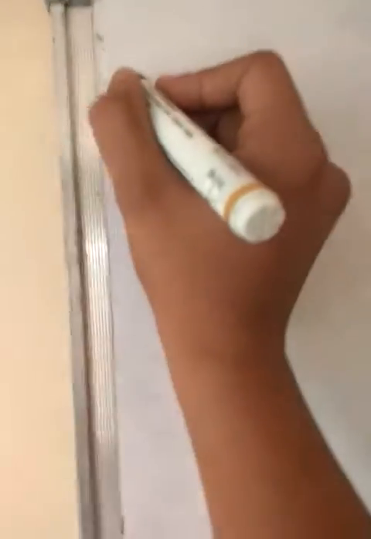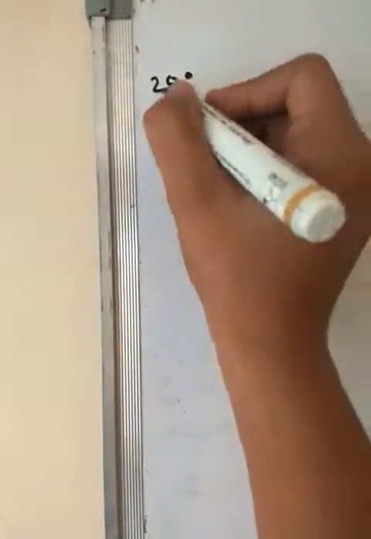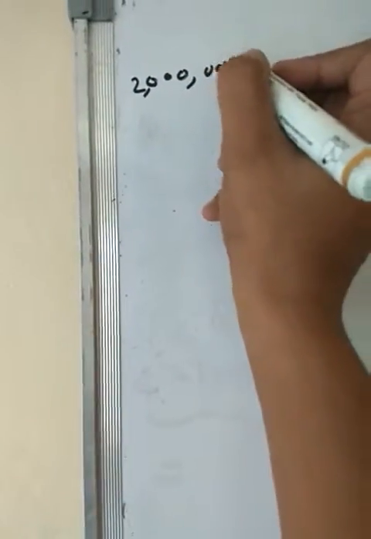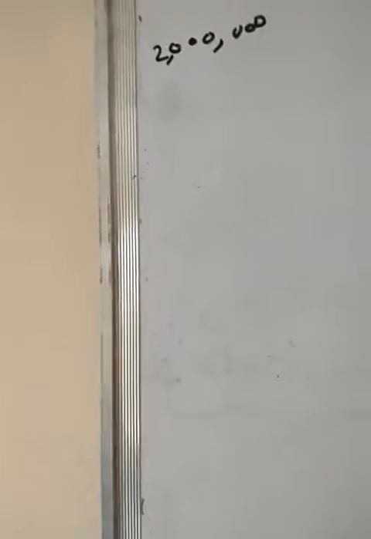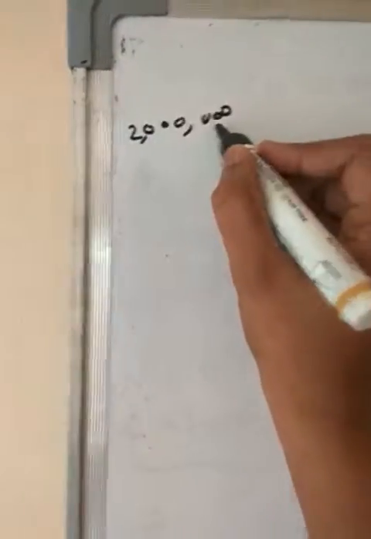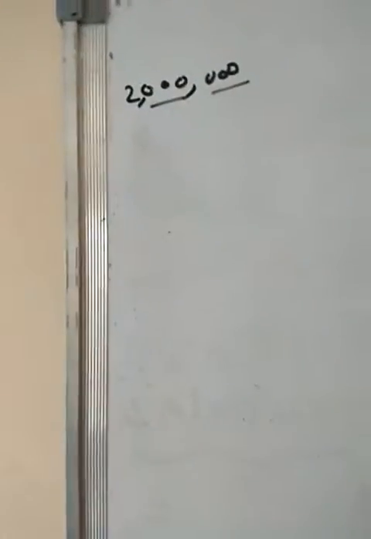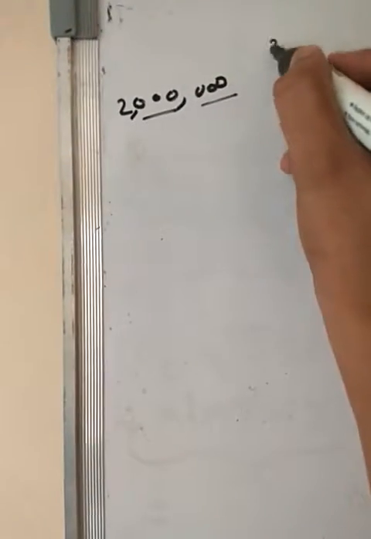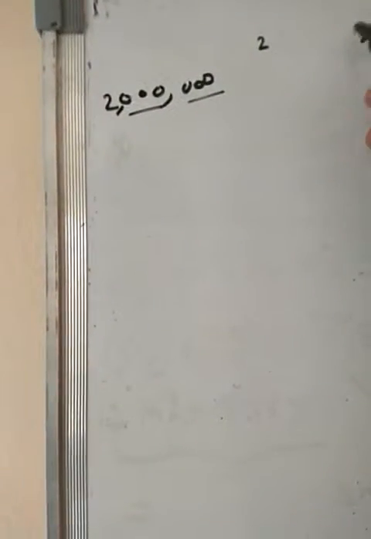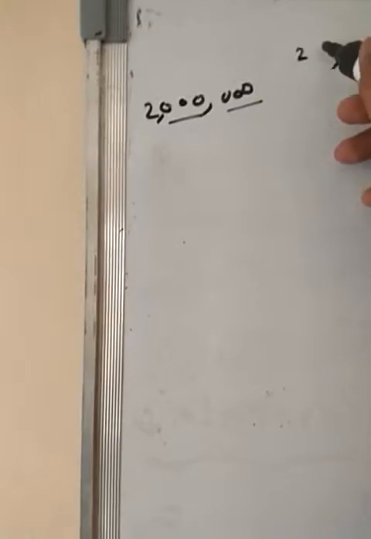Now back to the question. The bank had 2 million. Always remember, 2 million or whatever million it is, has 6 zeros. We are Indians, we have a habit of writing with commas in the Indian style.